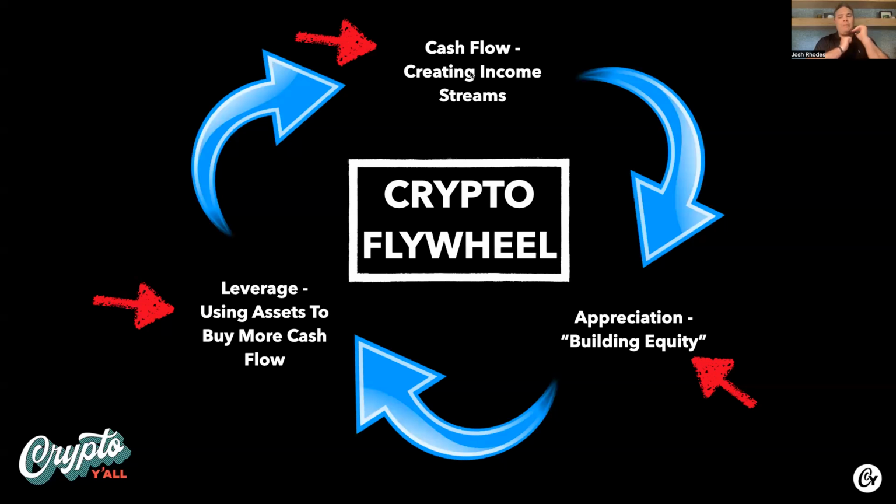My time horizon in the cash flow part of the flywheel is typically about 90 to 120 days. This is the highest level of trading frequency I really do in the entire flywheel. I'm moving from project to project, embellishing the early hype of stage one.